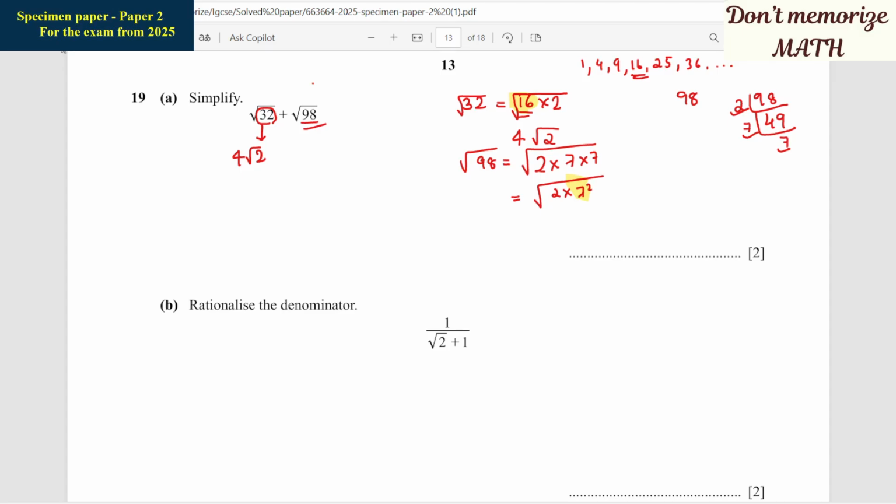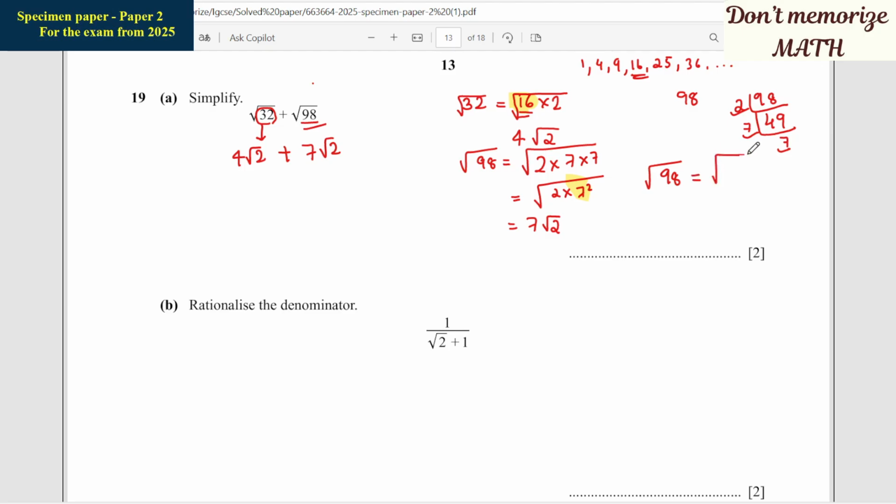You can write this as 7, and only root 2 remains inside the square root. So you can write square root of 98 as 7 root 2. Otherwise, as we did for the first one, you can write square root of 98 as square root of 49 times 2, which will become 7 root 2.